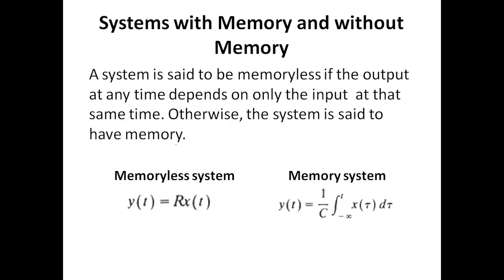Okay, systems with memory and without memory. If you consider any system with resistance, it takes the input and just passes the signal to the output without any delay. What I mean to say is that for the computation of the present output, no previous inputs are taken into account.